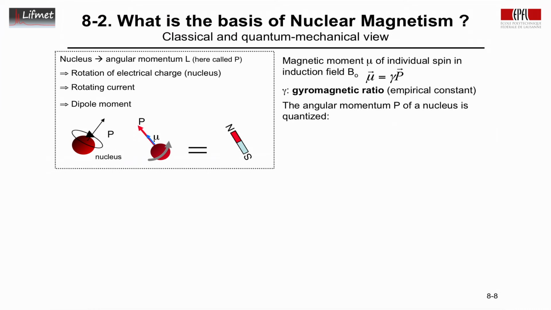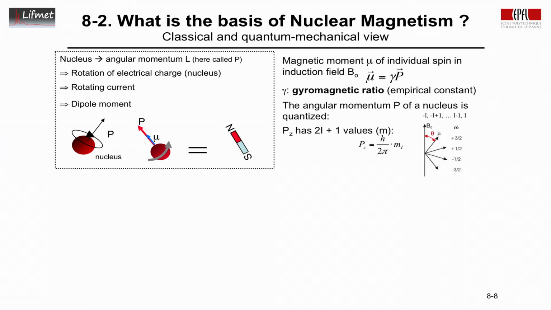Now, what we know from quantum mechanics is that the angular momentum of a nucleus is quantized. So the z component of the angular momentum has 2I plus 1 values, and they take on the values m_I.